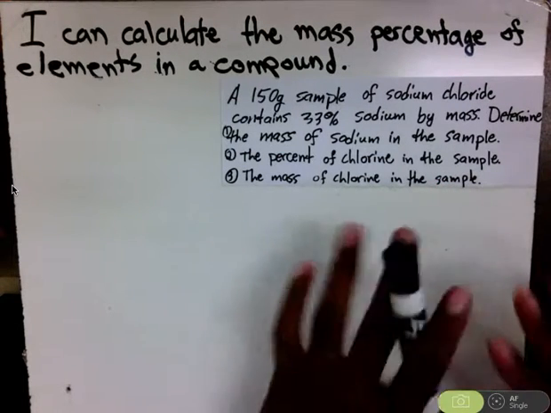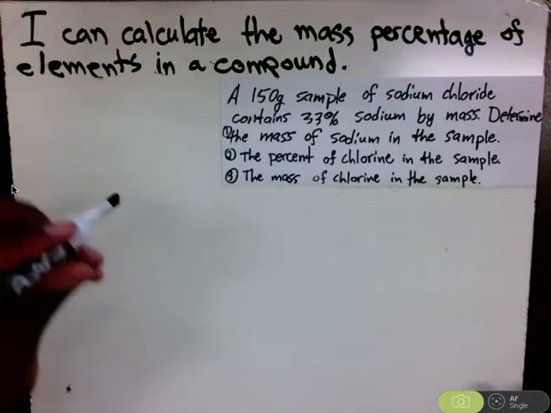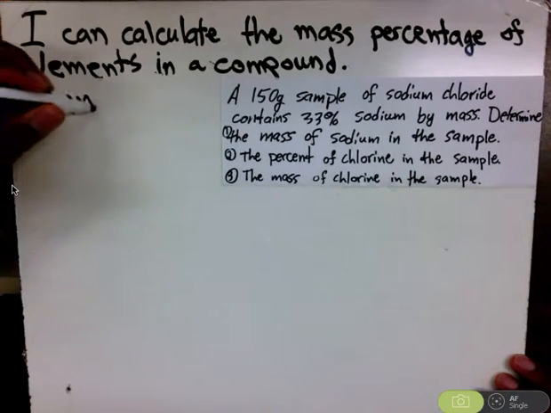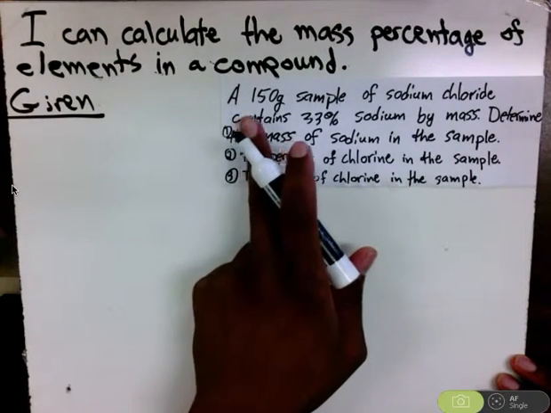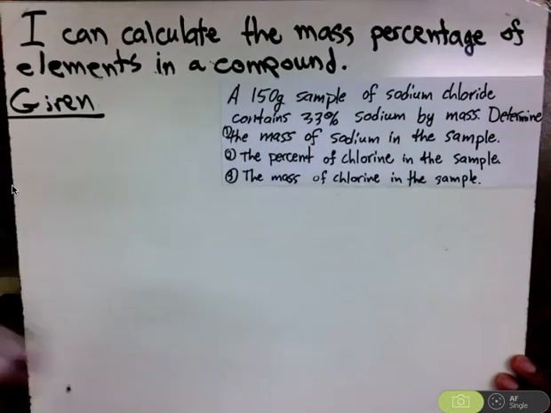Now, in order to solve these problems efficiently, it's very important to keep track of what's given and what's unknown. So, our given quantities, we have a 150 gram sample of sodium chloride. So, I want to call that my total.